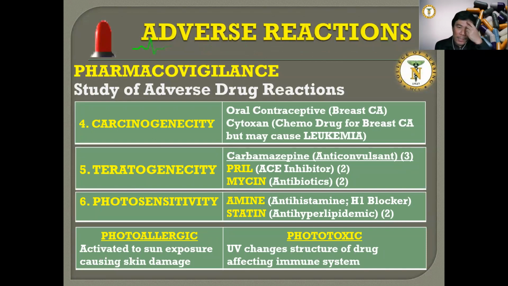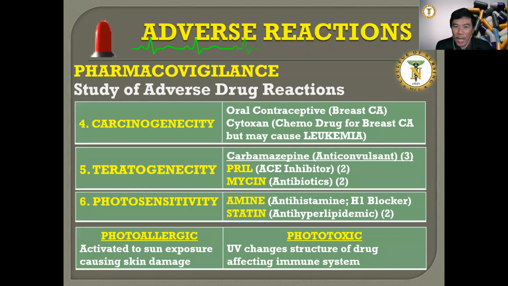So what is the difference between photoallergic and phototoxic? If we say photoallergy, these are usually activated by the sun causing skin damage. So direct skin damage: it will cause sunburn, skin rashes, or skin redness. Those are photoallergic.